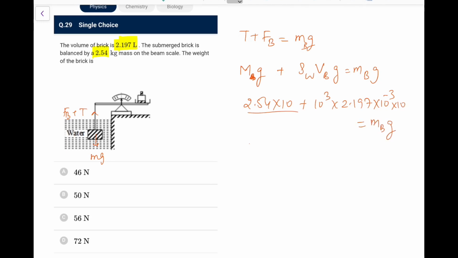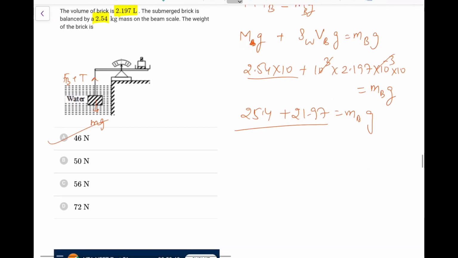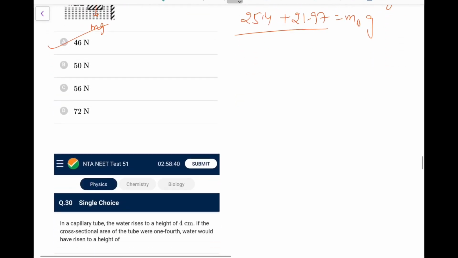Now we have 25.4, plus 21.97 is equal to Mbg weight. So 25 and 21 is 46 plus something. You approximately have 46 point something, so 47 and something. So this would be the most appropriate option we can go for.